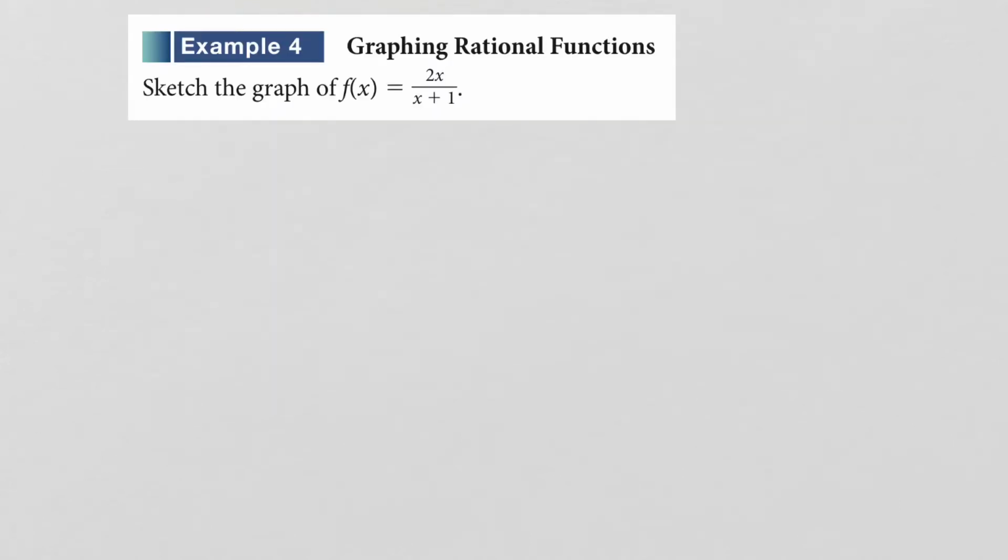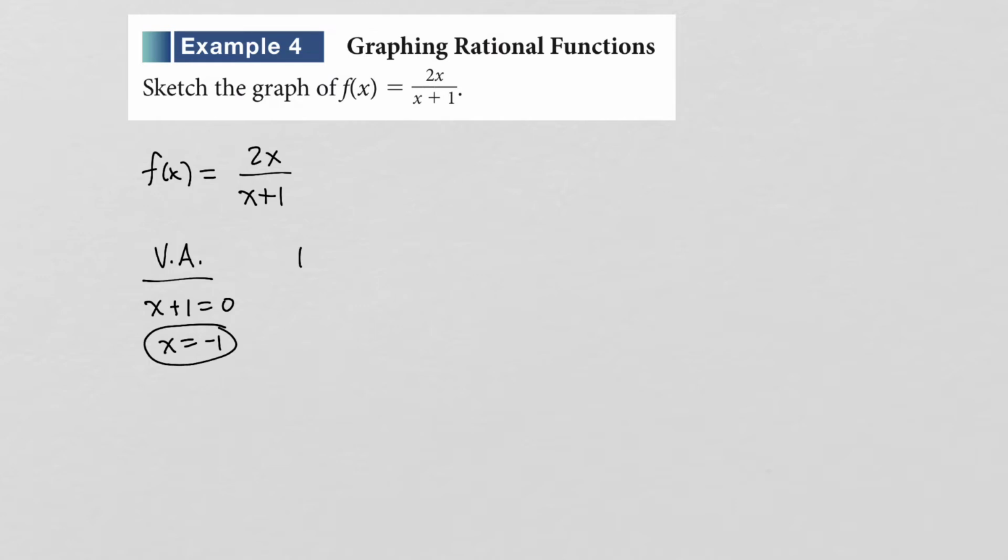So in this problem, we want to sketch the graph of the function f of x equals 2x over x plus 1. Now, we've already found the vertical and horizontal asymptotes on the previous pages, but let's go ahead and summarize them again here. So for the vertical asymptote, we set the denominator equal to 0, and we find that x equals -1.